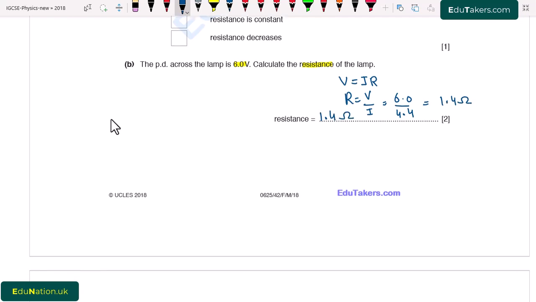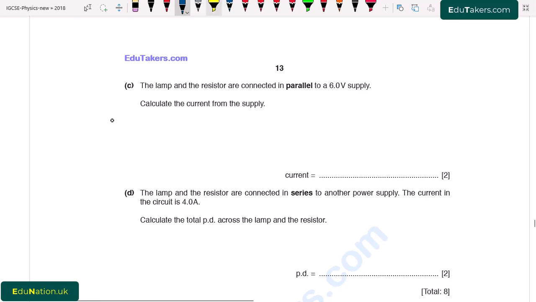Going towards the next part, part C. The lamp and resistors are connected in parallel to 6.0 volt supply. Calculate the current from the supply. Here resistor and the lamp both are connected in parallel to a 6.0 volt supply. So if I consider that, it's a lamp and it is connected in parallel with resistor.